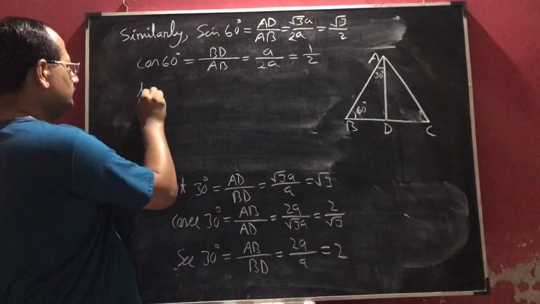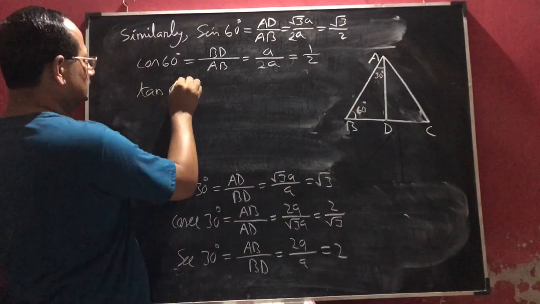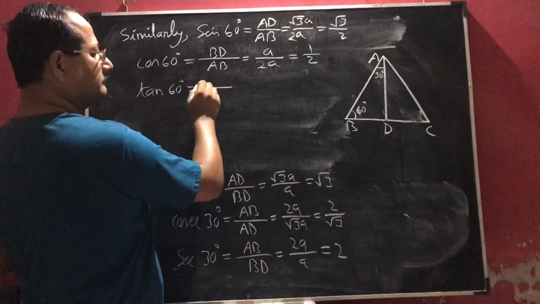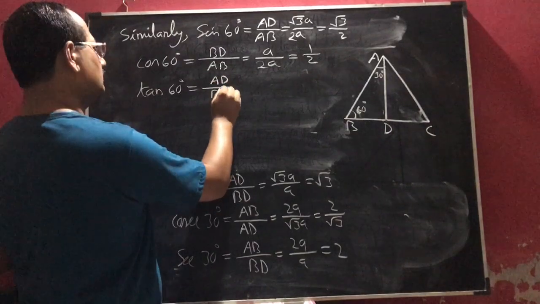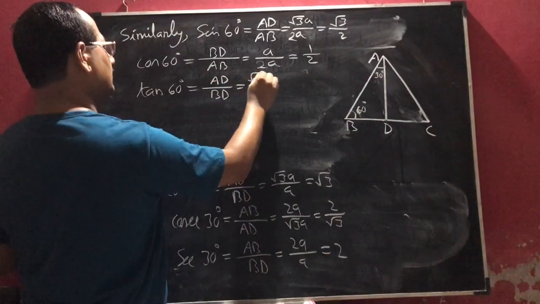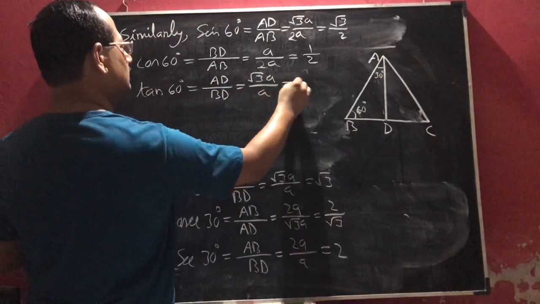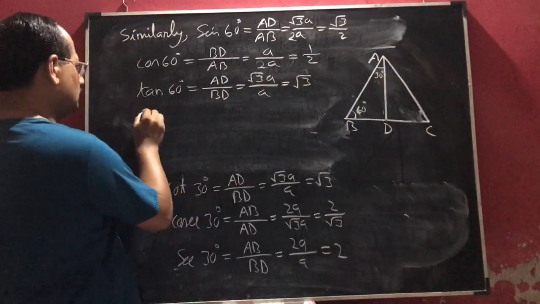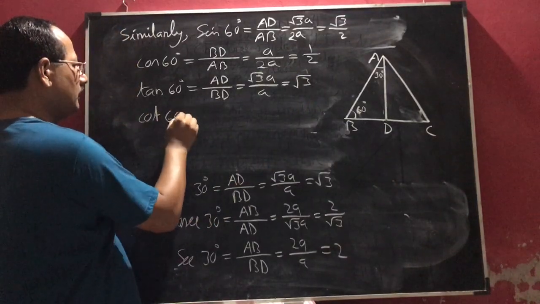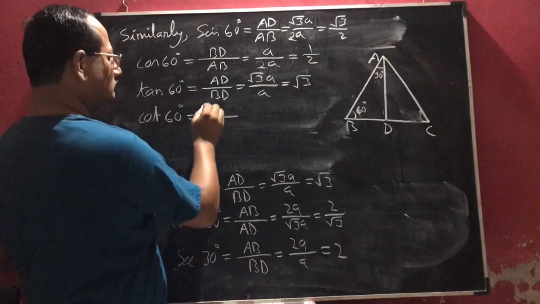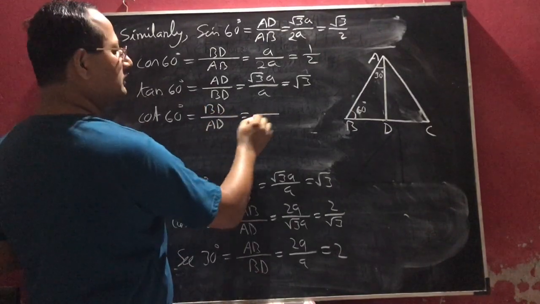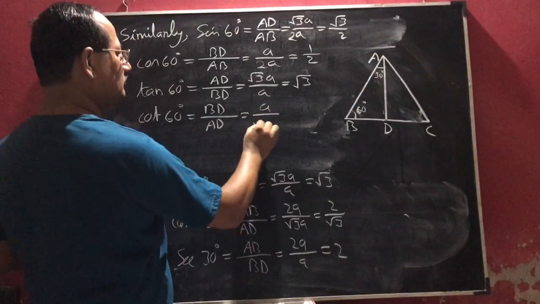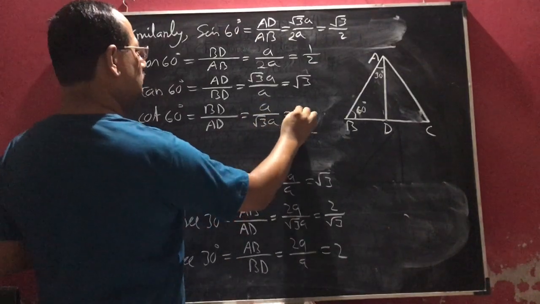Tan 60 degree is AD by BD, root 3 a by a, that is root 3. Cot 60 degree is BD by AD, that is 1 by root 3.